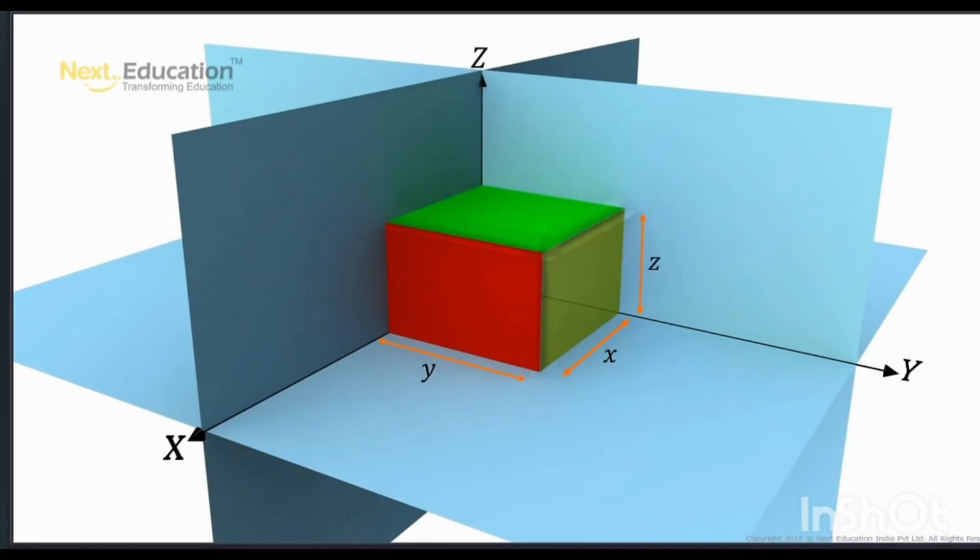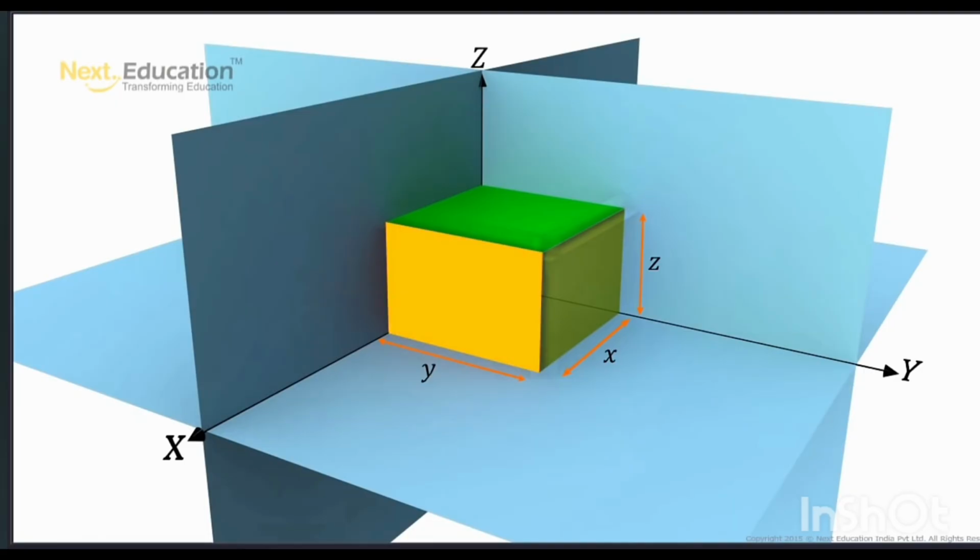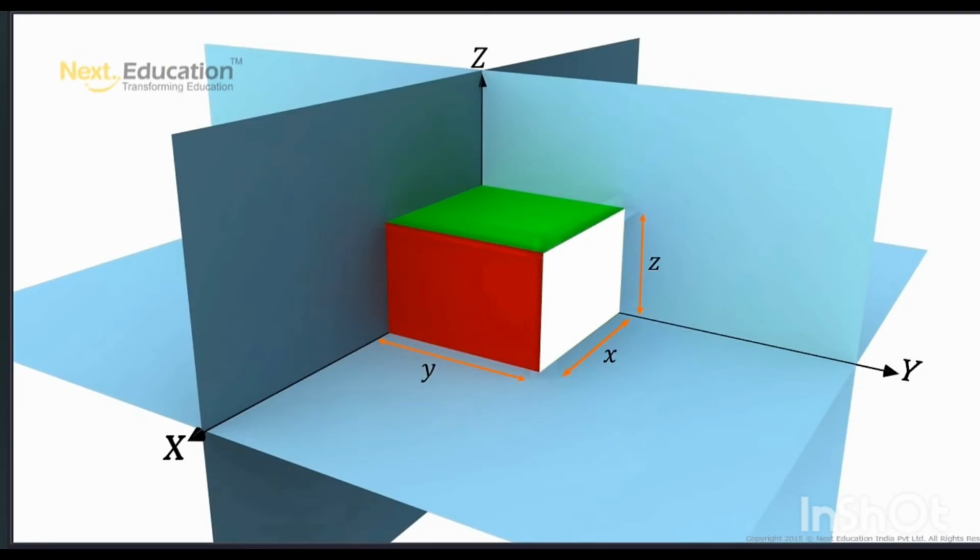First, let's take two planes, one parallel to the yz plane and the other parallel to the xz plane. The intersection will be a line parallel to the z-axis. Likewise, the intersection of the other planes creates lines as shown. The concurrence of these lines is point P.